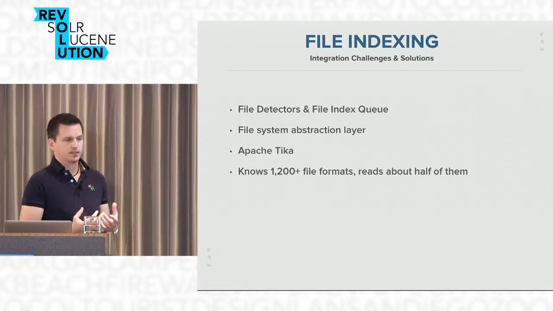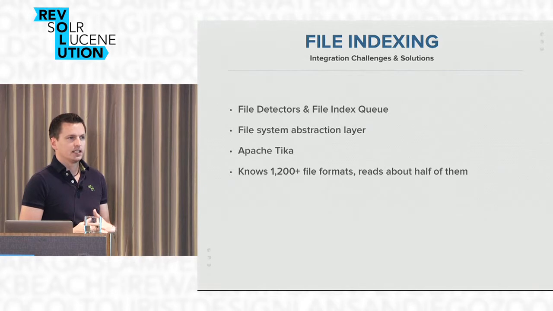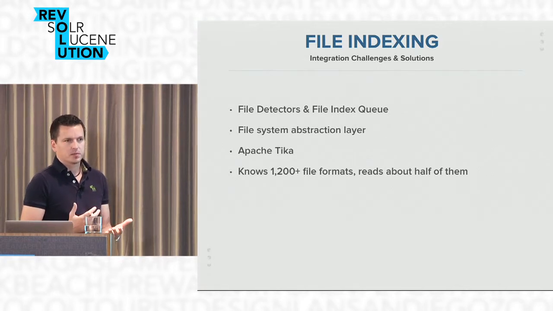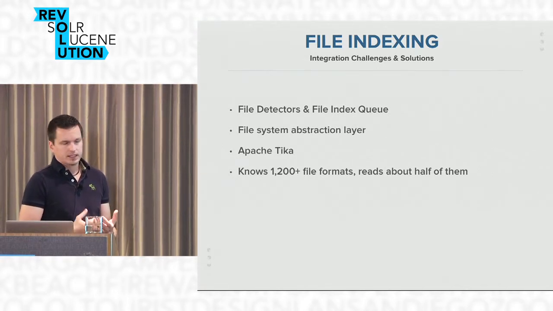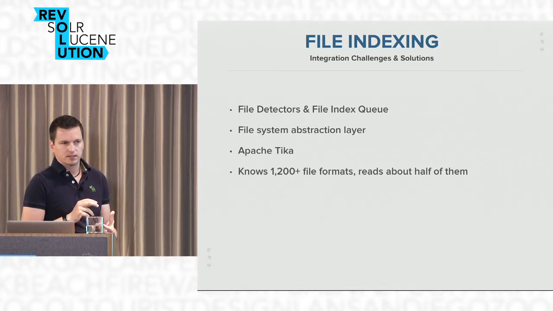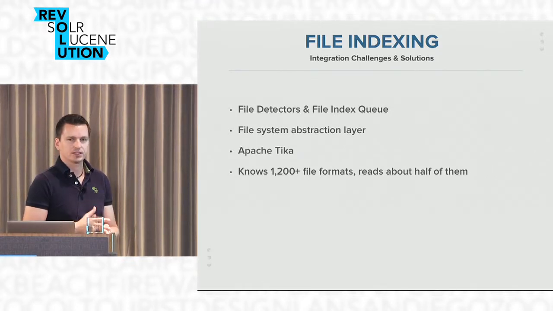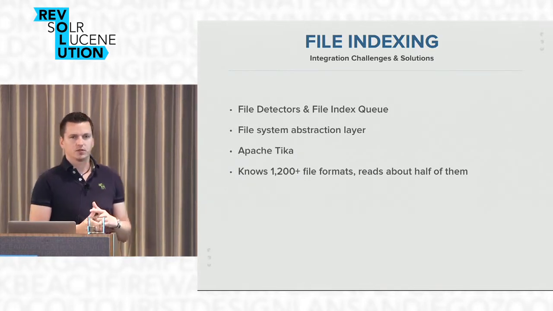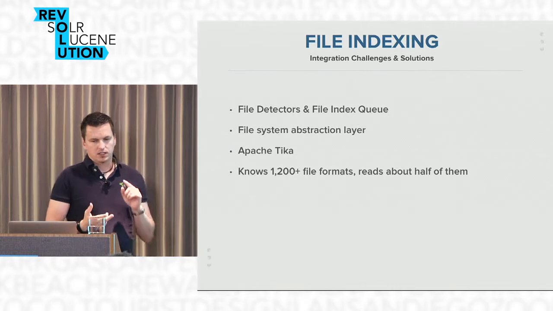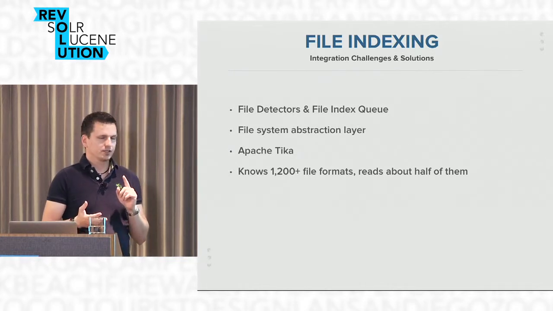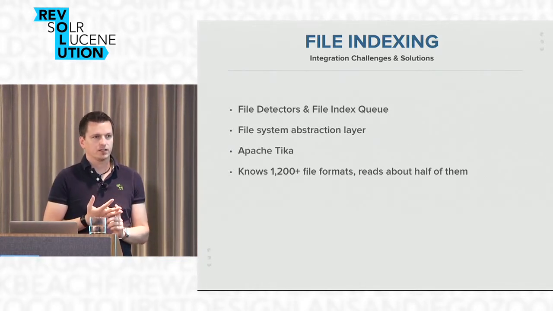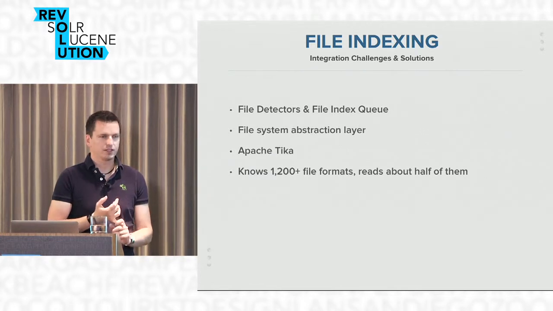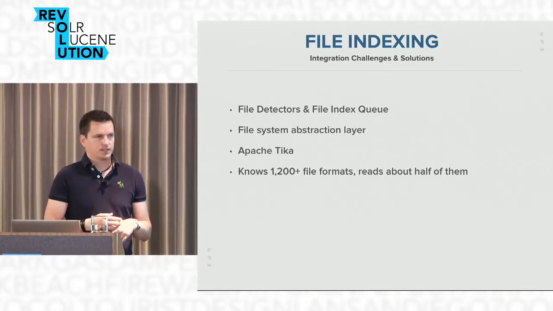So Apache Tika is basically a collection of file parsers, and it can deal with basically all the file formats you will come across in your daily life. The Microsoft formats, the old ones, the new ones, PDFs, and then for images, you can get the metadata out of images or out of videos. So it's very flexible.